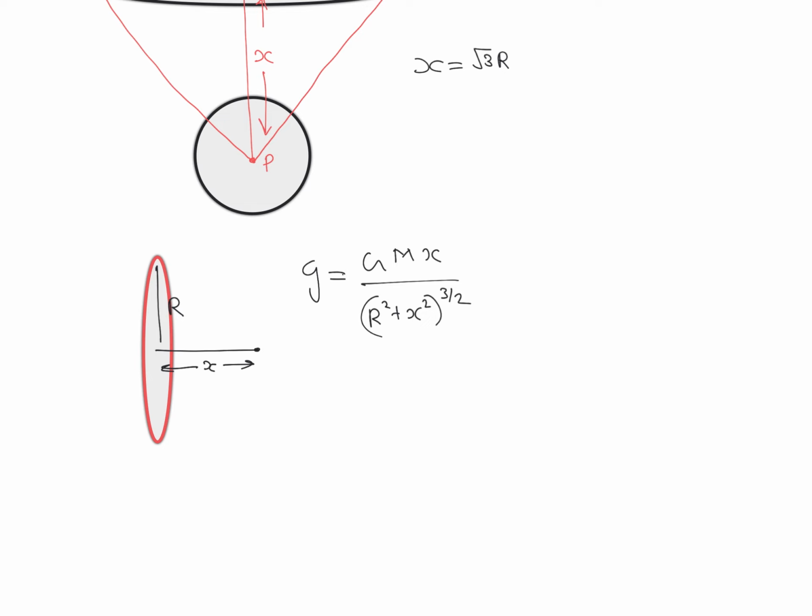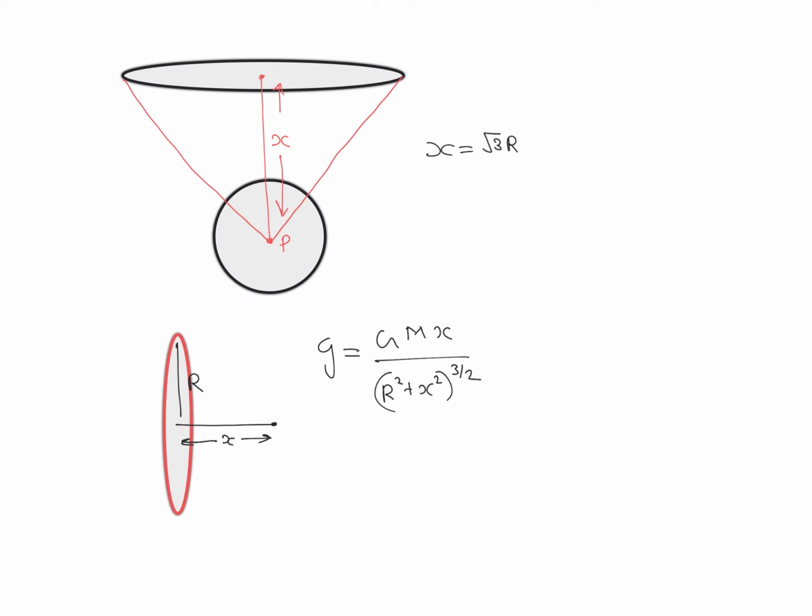Now in this question it is given that the value of x is equal to root 3 r. In the question they are asking to find the gravitational force, not potential. But first we'll find the value of the gravitational field acting over here, and from that we can find the value of the gravitational force.